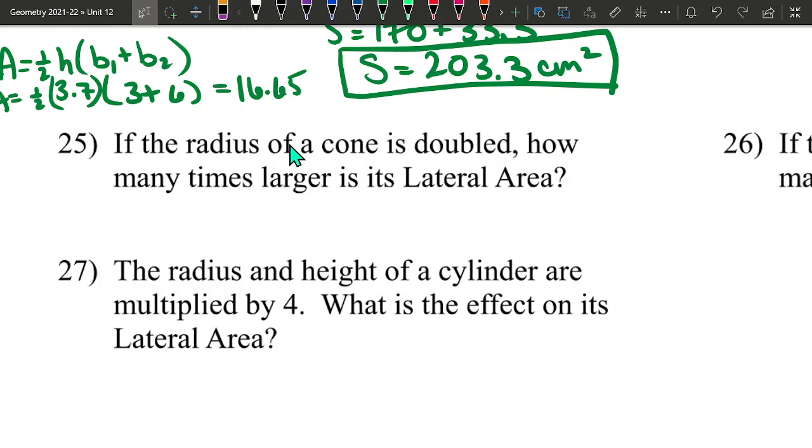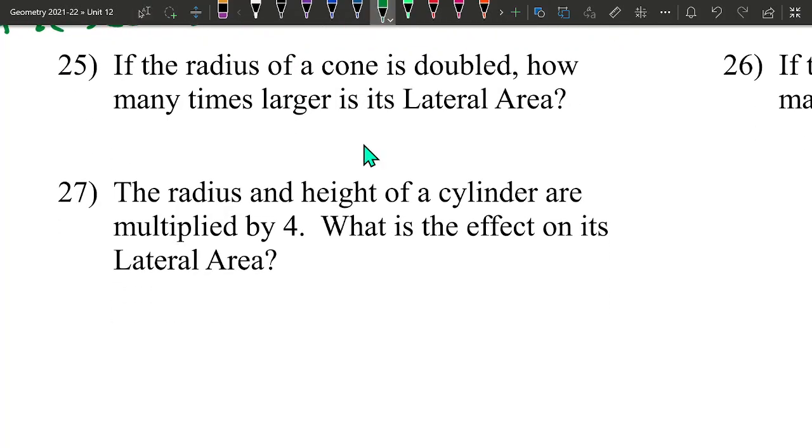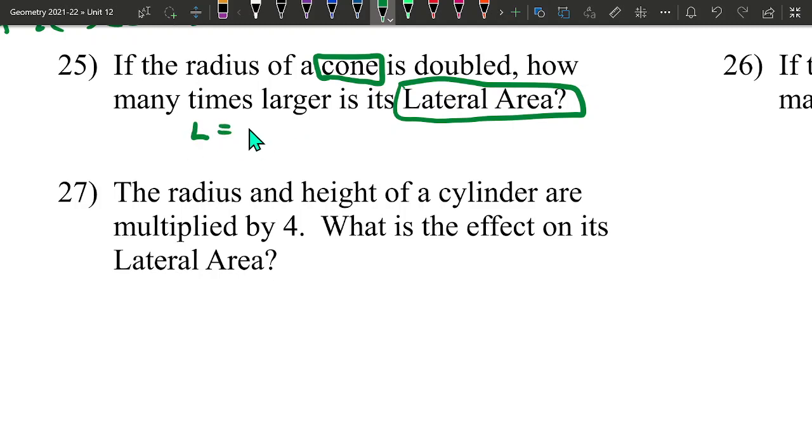Okay, if the radius of a cone is doubled, how many times larger is its lateral area? So first figure out what the formula is. So it tells you a cone and its lateral area. So I know I need to look at the formula for a lateral area of a cone, which is L equals pi r l.